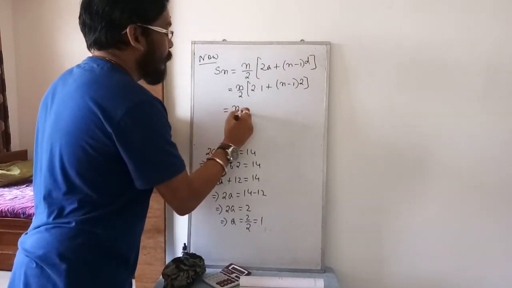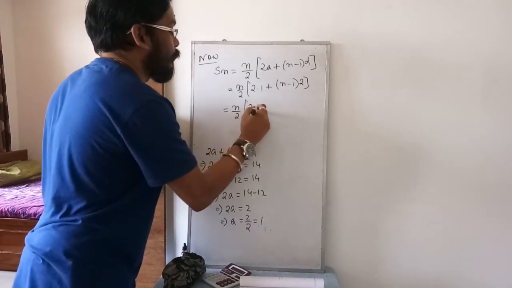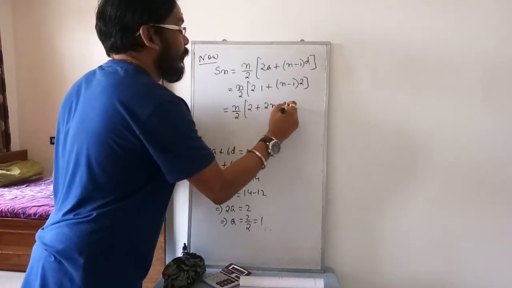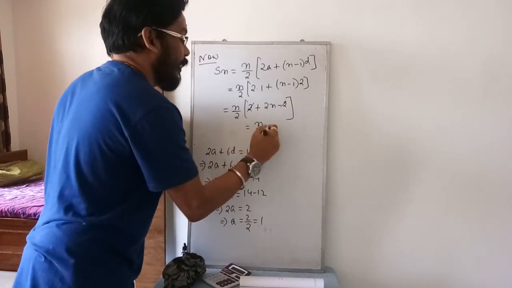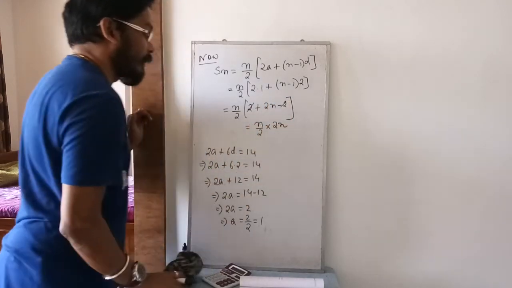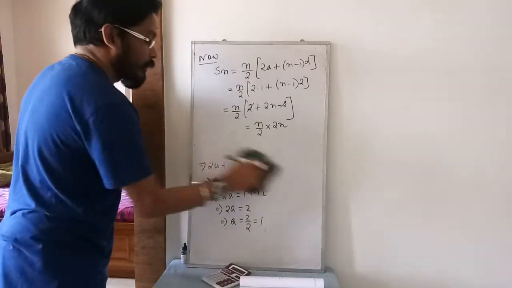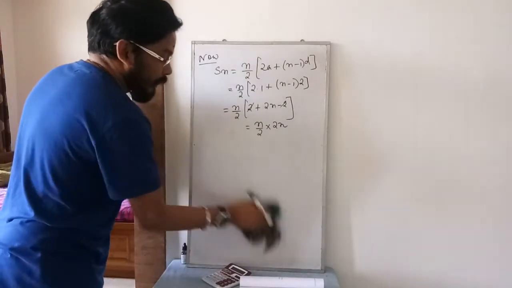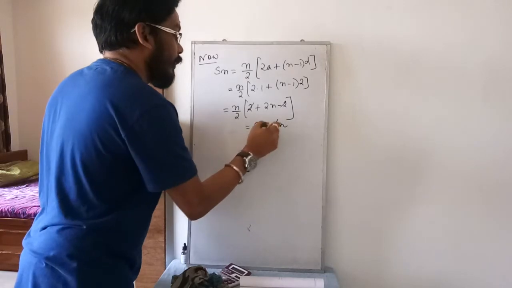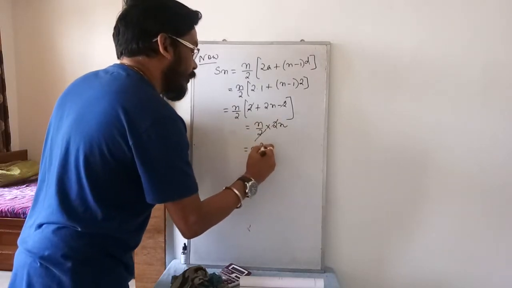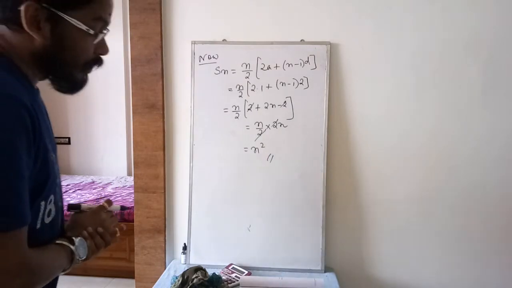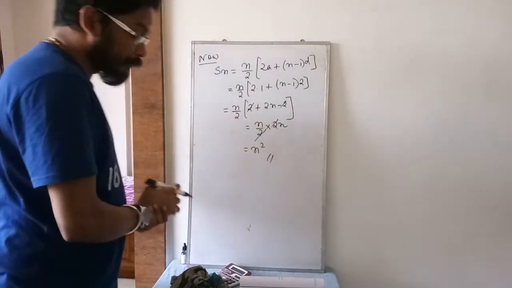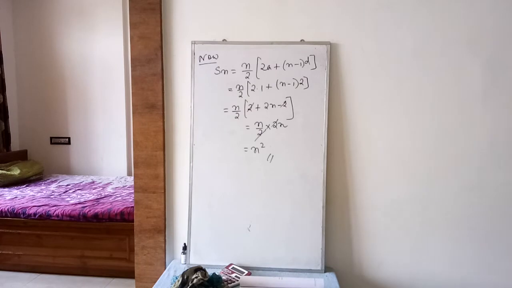So it is n by 2, it is 2 plus twice n minus 2, plus 2 minus 2 cancel. So it is n by 2 into twice n. If I go for calculation, 2 and twice n, you can cancel the 2, and n into n is your n square. Take the screenshot. So this is question number 9. Take the screenshot of this.